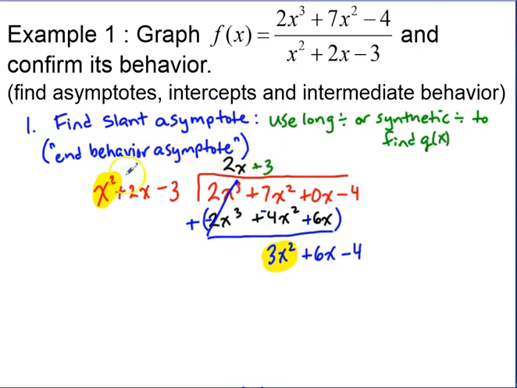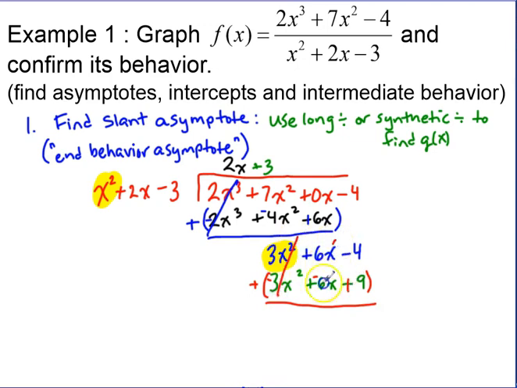Now distribute the 3 to all the terms. 3x squared, 3 times 2x, 6x, 3 times negative 3, negative 9. Okay, again, subtract the entire expression. I encourage you to write it as addition of opposites. Changes that negative 9 to be a plus 9.